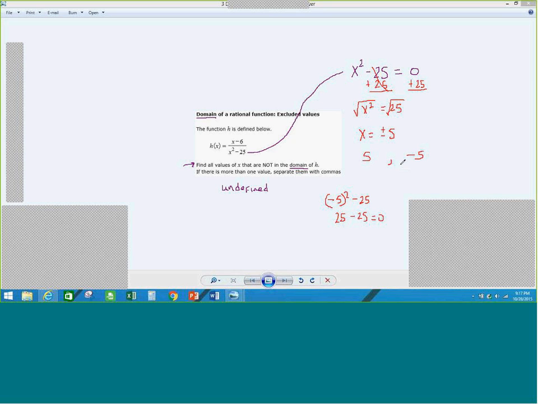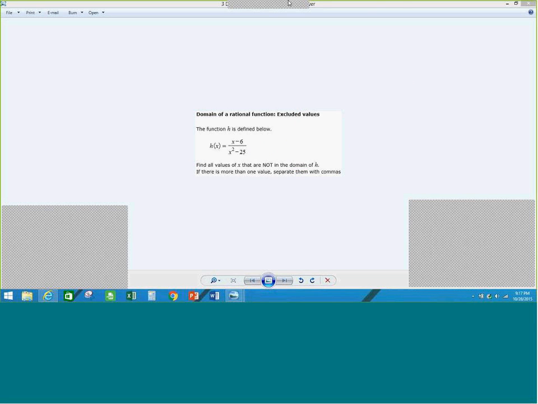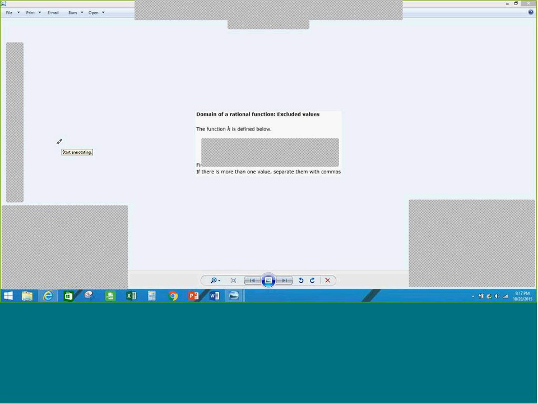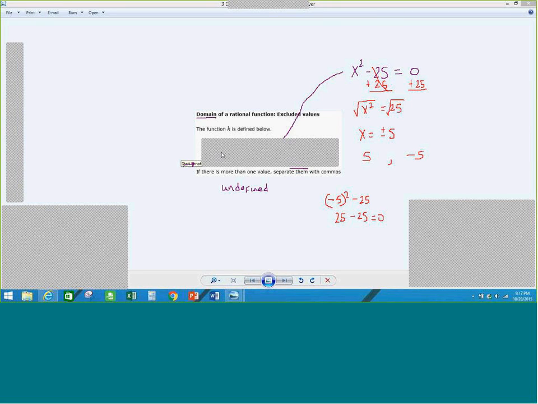So both of these answers give us a problem. They're both domain violations. And so my last point on this is that we have to include both of these as our answer. Those values of x that are not in the domain, both of those are problematic. And the values are separated with commas, which I did.